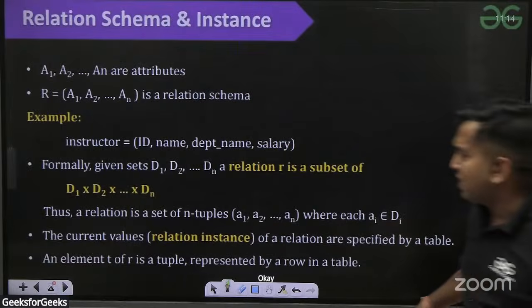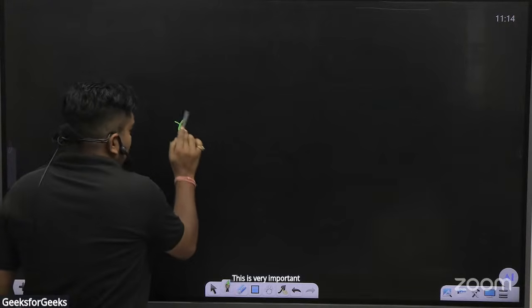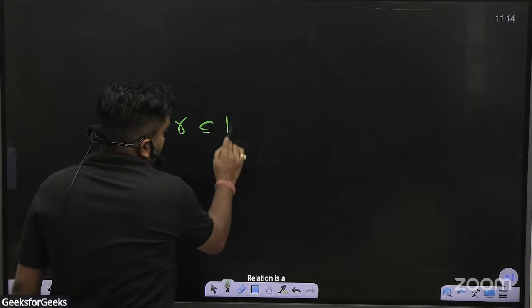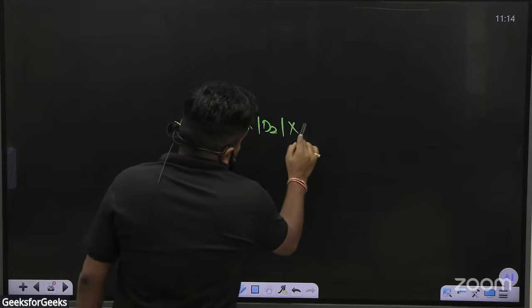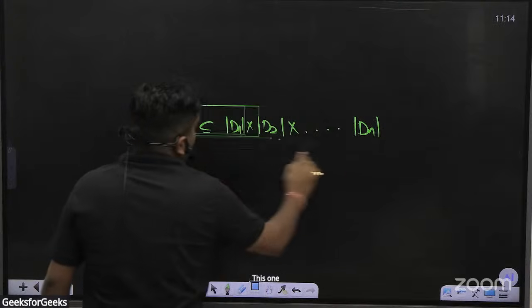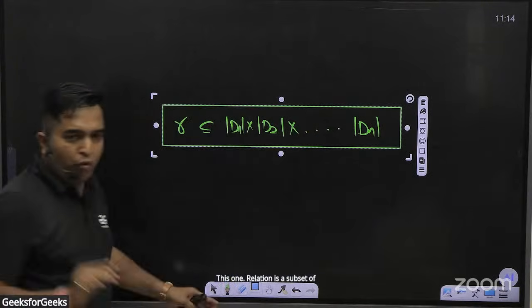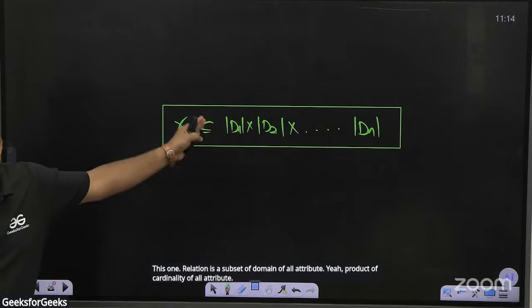Next point, this is very important. Relation is a subset of the domain of all attributes, or the product of the cardinalities of all attributes. I am explaining what this means.